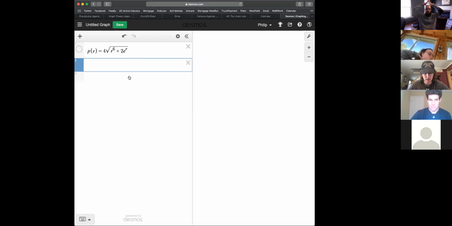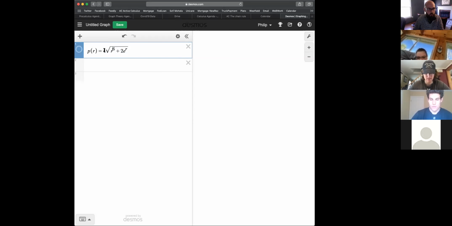All right, so what are you all thinking when you take this derivative? Gonna use chain rule. And so what's your inside function? What's your outside function? Inside function would be R to the 6 plus 2e to the R. Right, that's your inside function, and then your outside function is this square root.